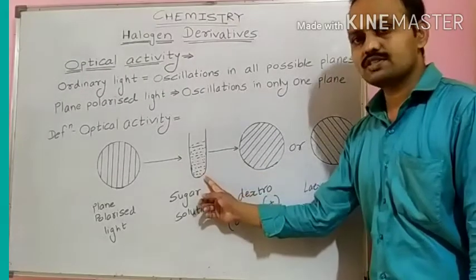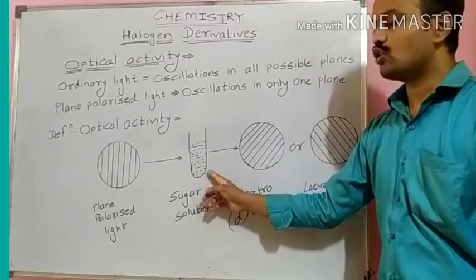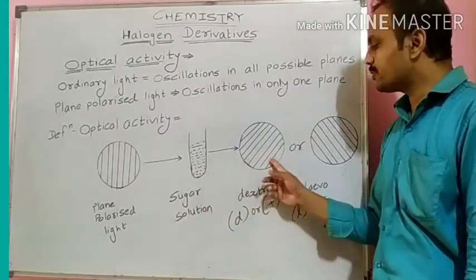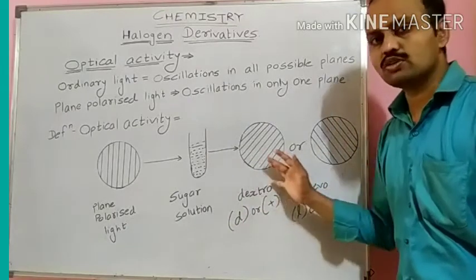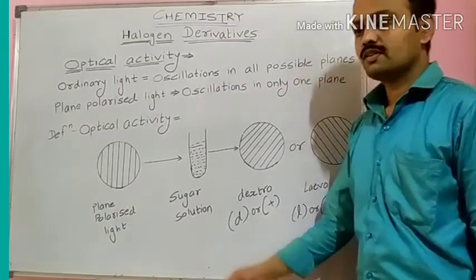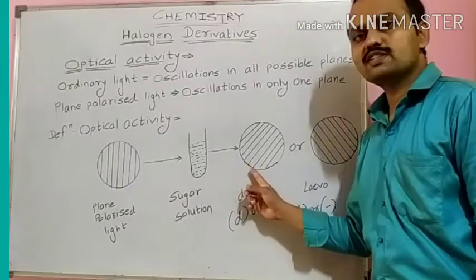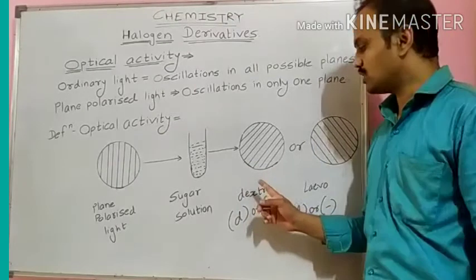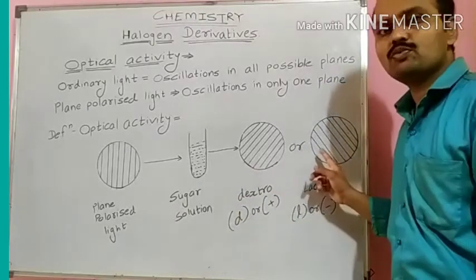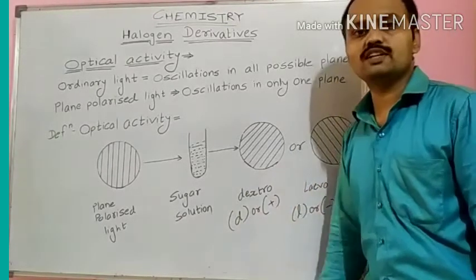The substance which rotates the plane of plane polarized light is called an optically active substance. There are certain substances which do not rotate the plane of plane polarized light after passing through them. Such substances are called optically inactive substances. Compounds which rotate the plane of plane polarized light towards the right hand side are called dextrorotatory compounds, and compounds which rotate it towards the left hand side are called levorotatory compounds.